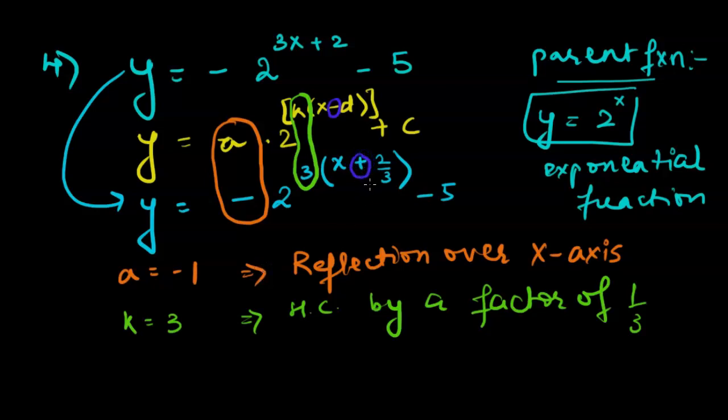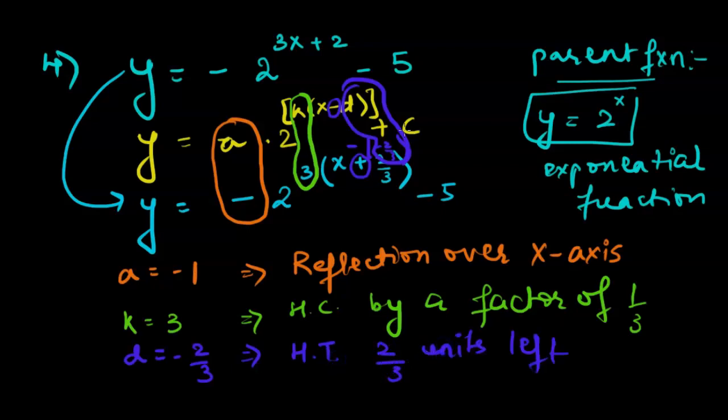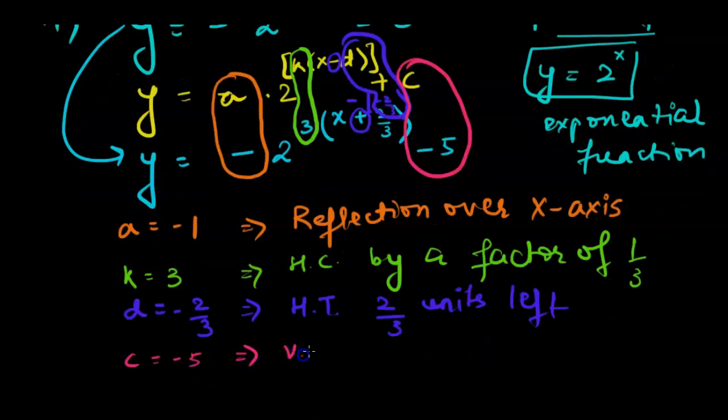If we want to change this to the general form sign, that is a negative sign, we just rewrite it as minus, and this whole thing will go as -2/3. So the d value is now -2/3. This means the graph is horizontally translated 2/3 units left. And then comes the c value. C is -5. That means the graph is vertically translated 5 units down.